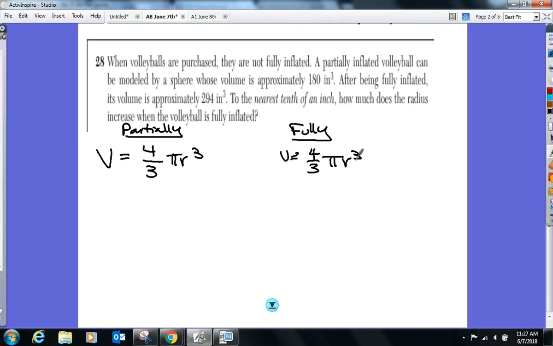All right, so partially was 180, and you're solving for the radius. And fully 294, solving for the radius. Don't round anything to the end. Keep those full decimals rocking.